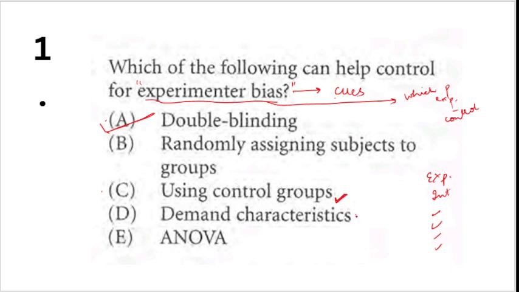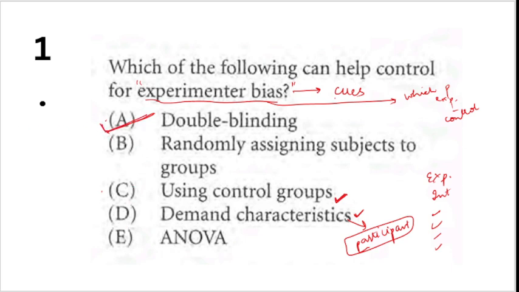Then demand characteristics have nothing to do with it. Demand characteristics have to do with our participant. It is a participant expectancy effect. The participant starts to behave in a certain way which they feel is desired by them. Then ANOVA is a testing measure, it will not be used. So double blinding is our answer here.